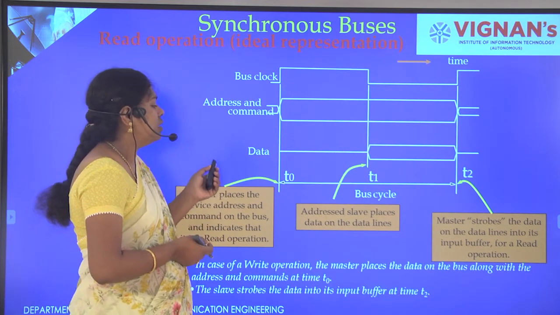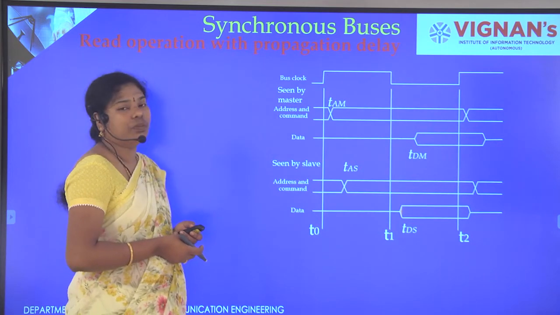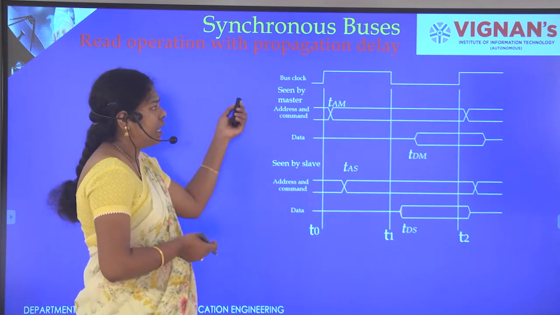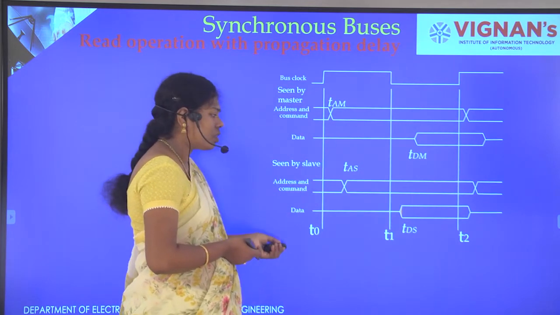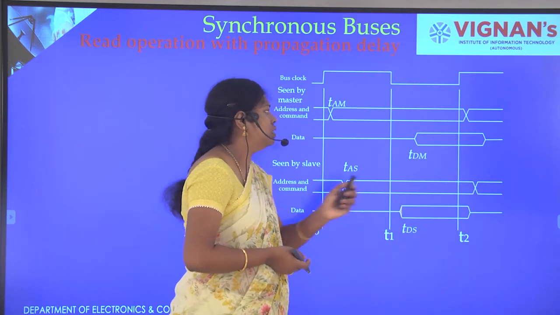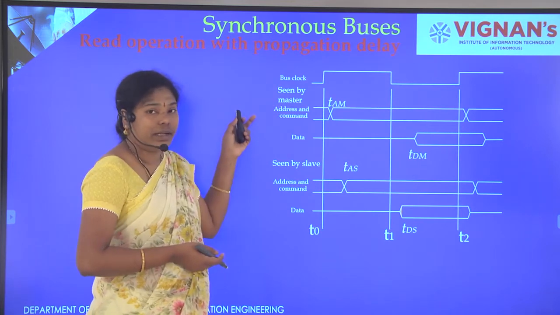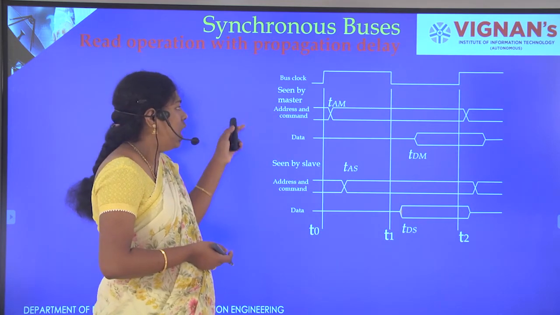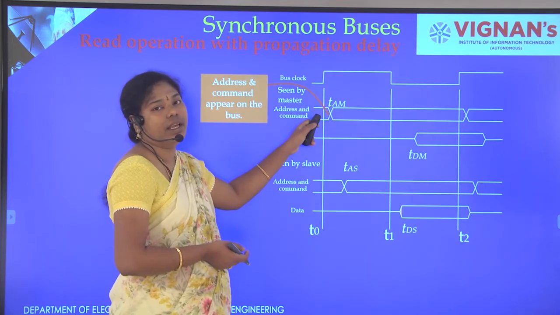Let's see the next one, the same read operation with the delay consideration. By considering delay, read operation with propagation delay, we are considering the same clock signal with the intervals T0, T1 and T2. At first the master provides the address and command, but on the bus it will be seen at time TAM.